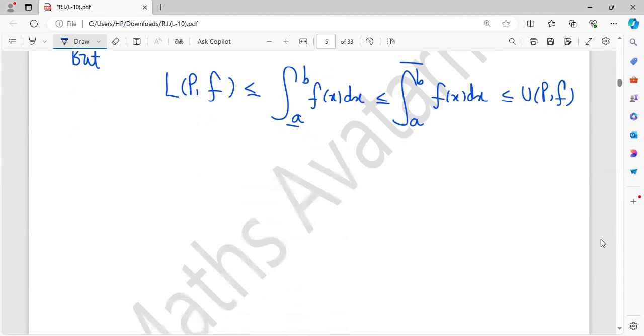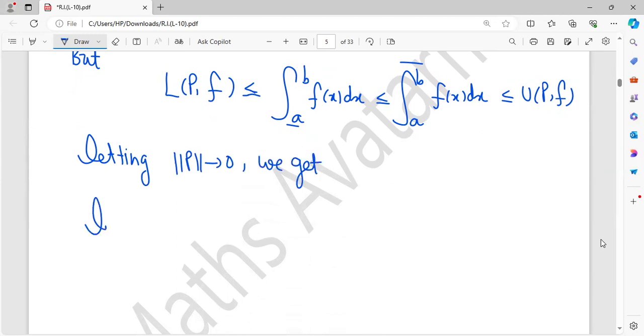So letting norm P tending to 0, we get limit norm P tending to 0 of L(P,f) is less than, because this is a constant, this will remain as it is.